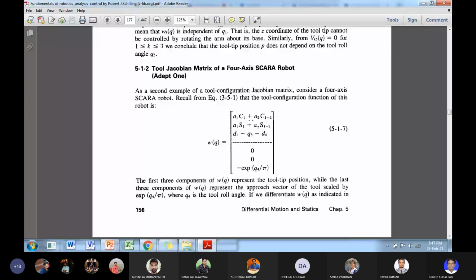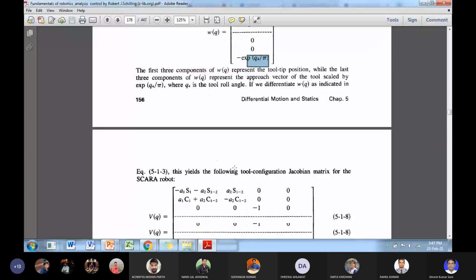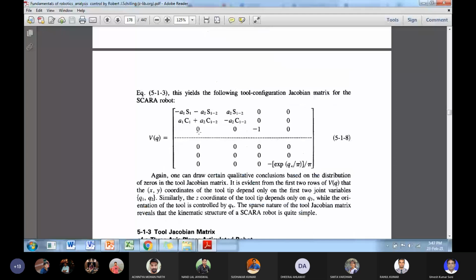So with respect to theta 1 this term will have some value, and this will be 0, this will be 0, this will be 0, and this will be 0. So only 2 elements will be there, and all the remaining elements will be 0.